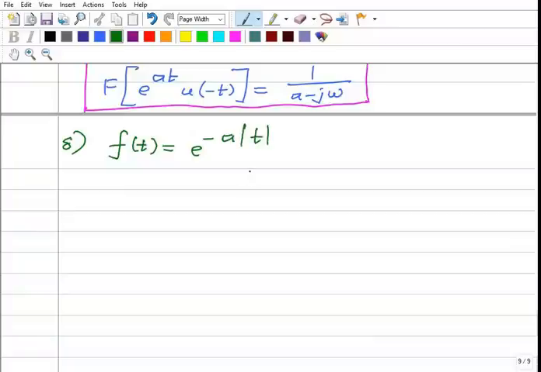See, when I write absolute of t, what is the meaning? It takes both positive values and negative values. This is time axis 0, positive and negative.